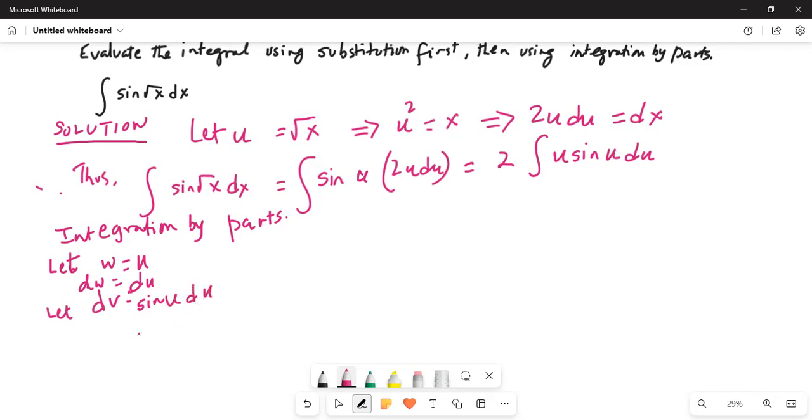So v, by integration, is equal to minus cosine u.